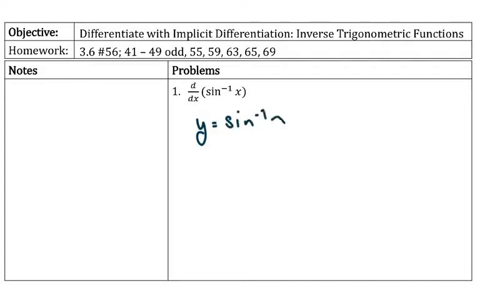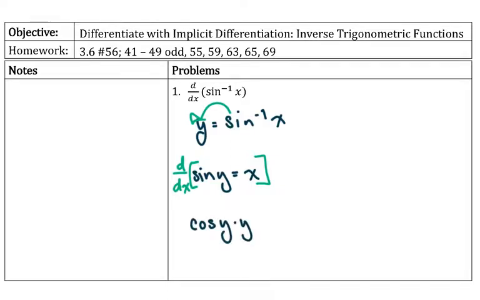And since, as we said, we don't know the derivative of that, but we do know that of sine, I'm going to just switch that around and say y equals sine inverse of x is the same as sine of y is equal to x. Right? We're just switching over here using our inverse rules. And then we will take the derivative. So d/dx of this entire function. Now, sine, as we said, the derivative is cosine of y, and then using our implicit differentiation rule, times y prime, and that's equal to the derivative of x, which is 1.